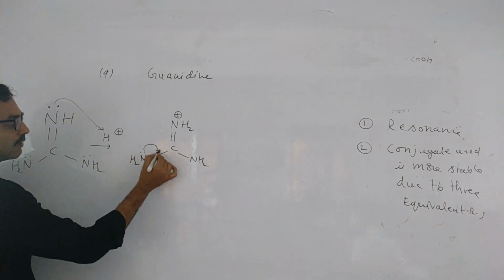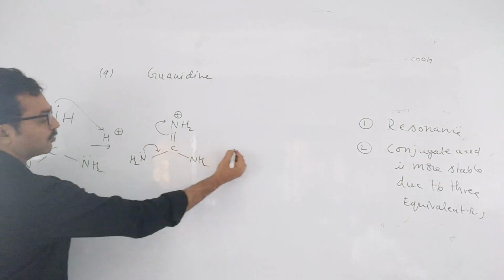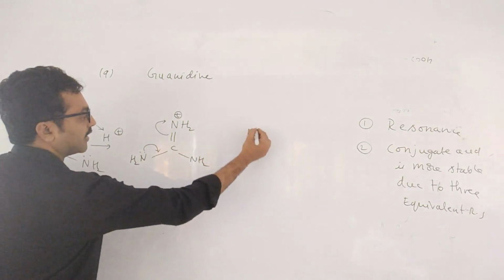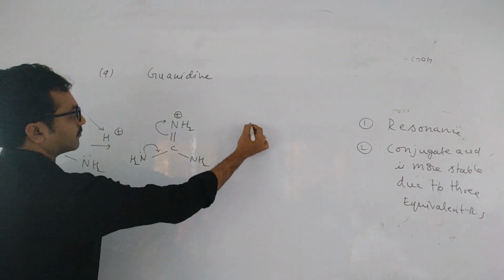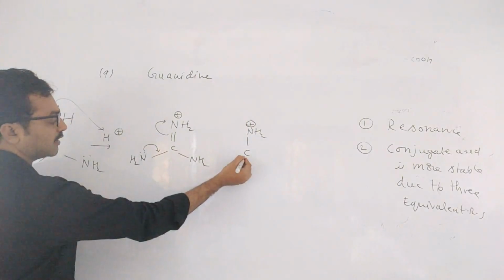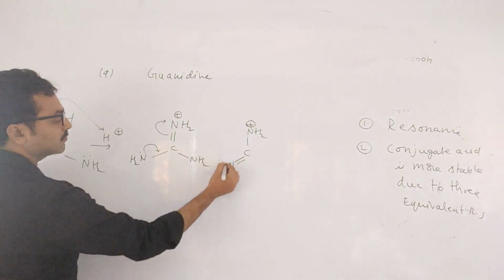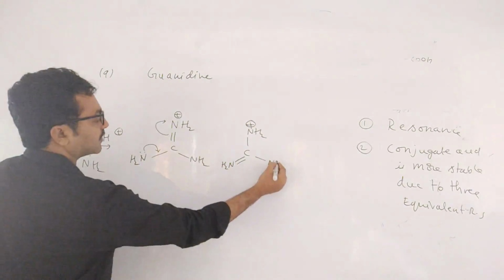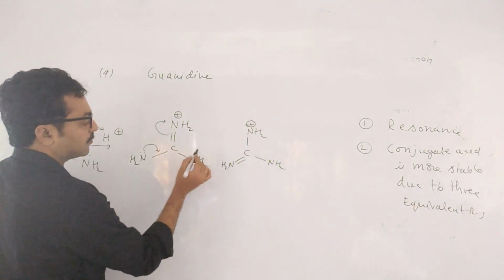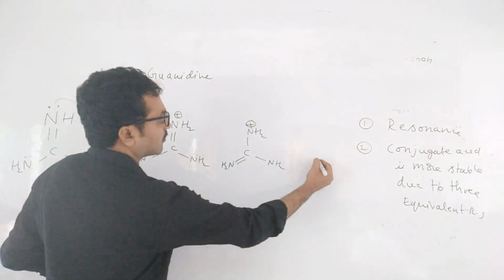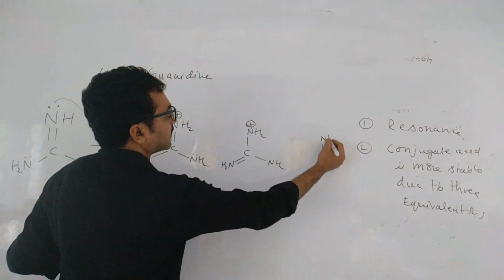Now this bond will come here, this bond will go there. Don't write, after this you will see. NH2 lone pair again. Here double bond NH2, single bond NH2. Okay. Now, suppose this lone pair is given, C NH2 plus.